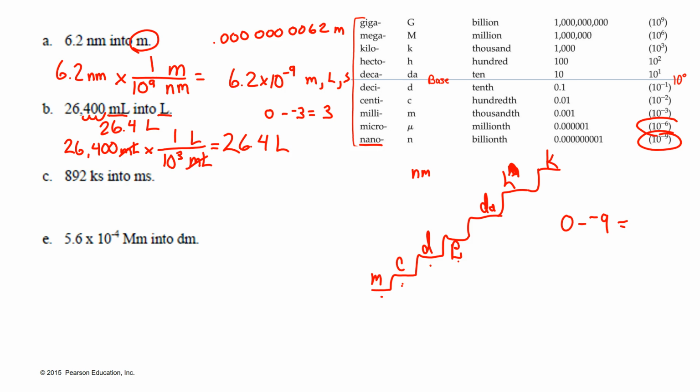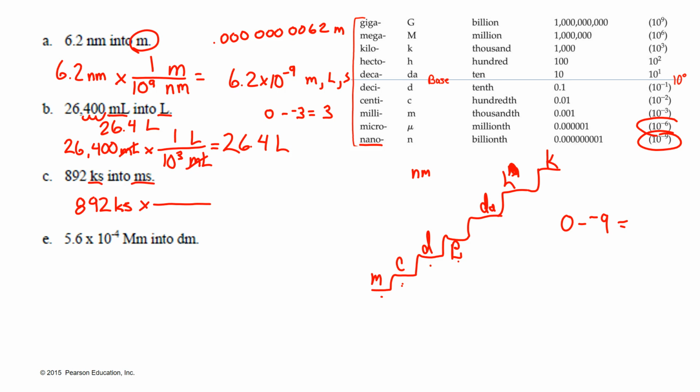All right. So this one, we're going from kiloseconds to milliseconds. Which unit is the larger unit in this case? The larger unit is kilo, the smaller is milli.